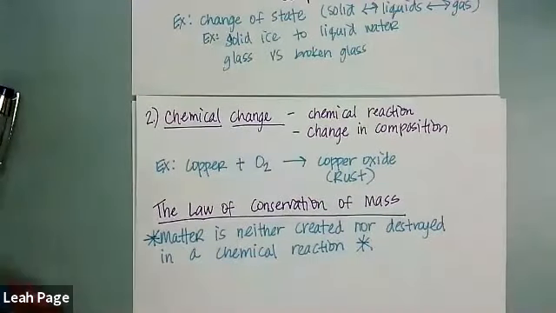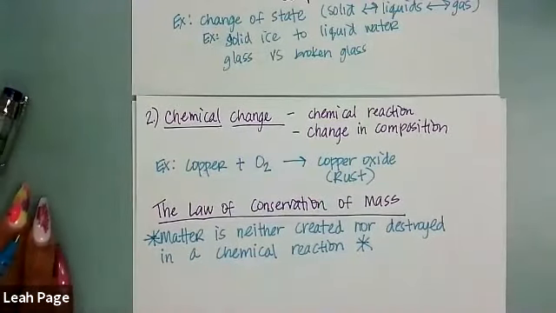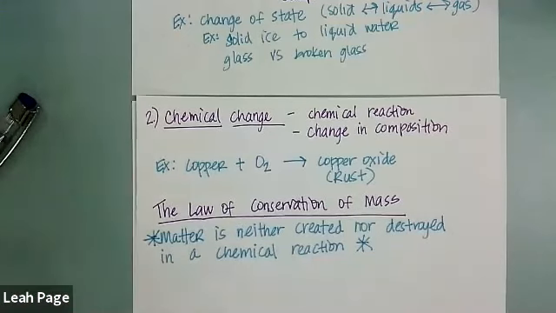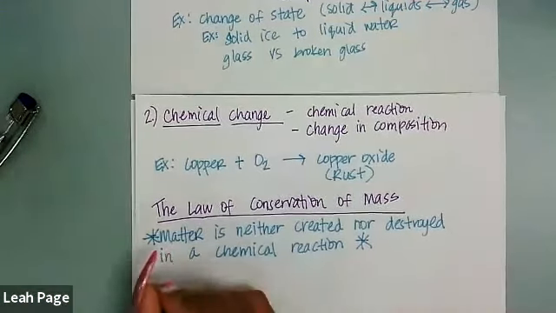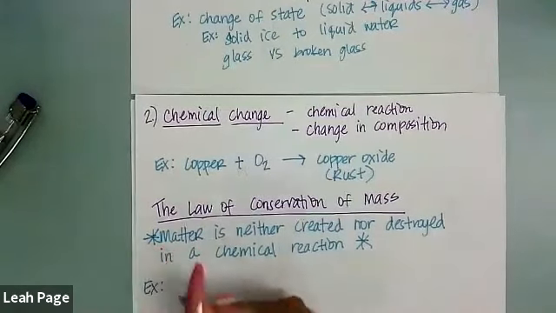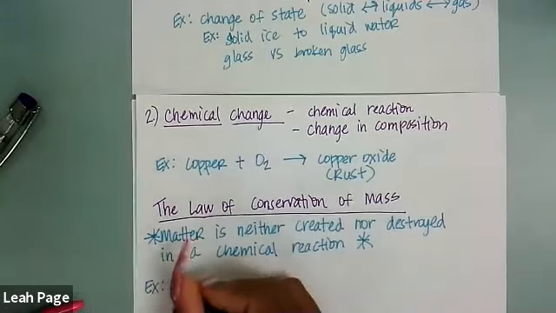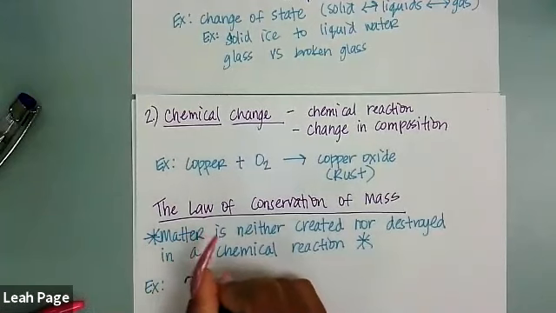This is the law of conservation of mass, and all that essentially means is, let's say for instance we have a lighter, and the liquid in your lighter is butane, which is an organic compound.